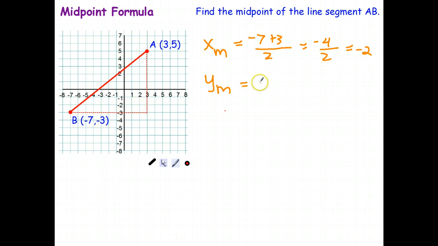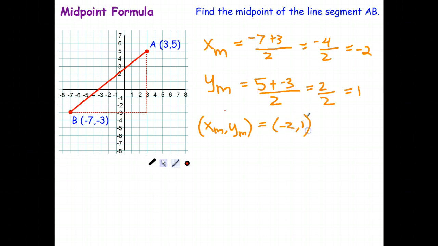So I go the y-coordinate of A plus the y-coordinate of B, divide by 2. 5 plus -3 is 2. 2 divided by 2 is 1. So therefore, the coordinates of the midpoint, x sub m, y sub m, is just -2, 1.